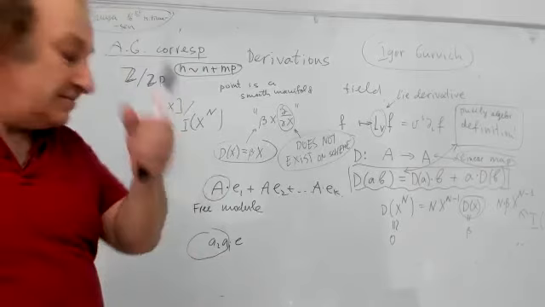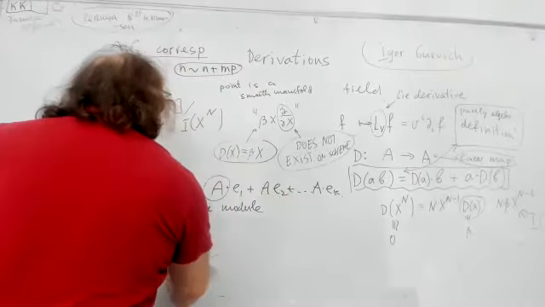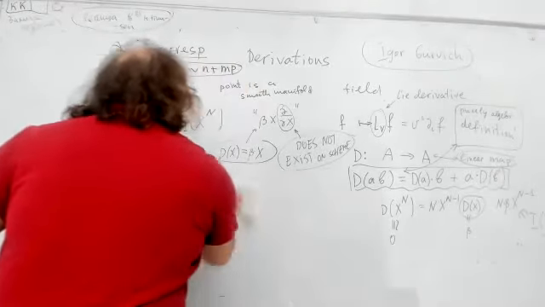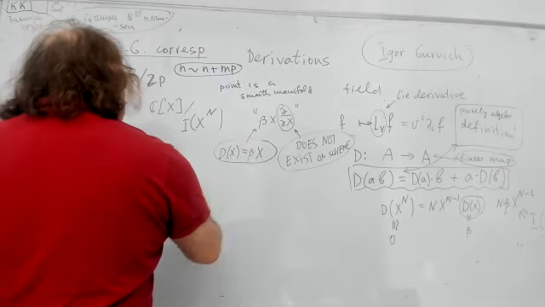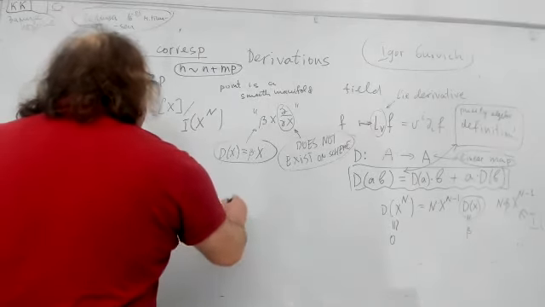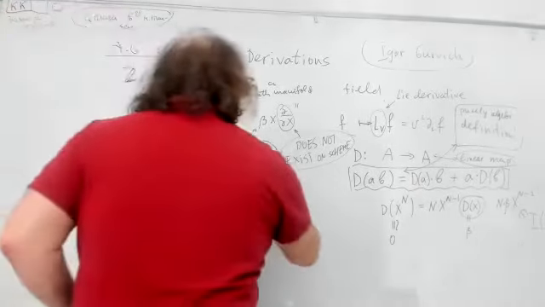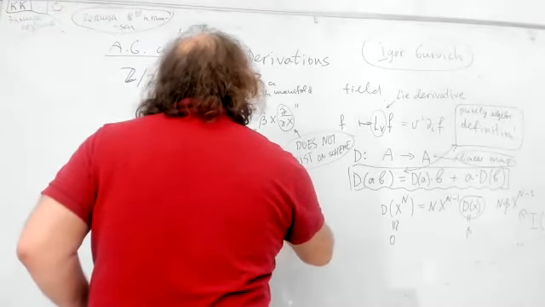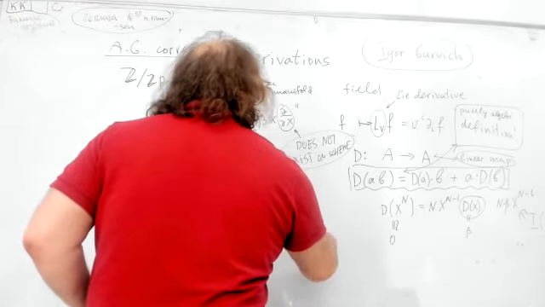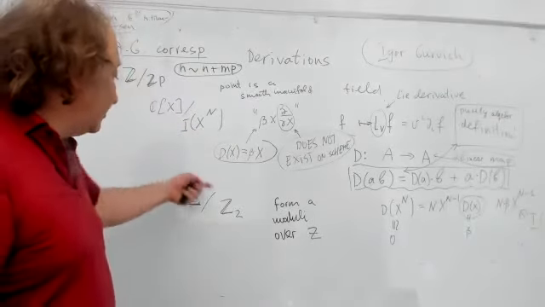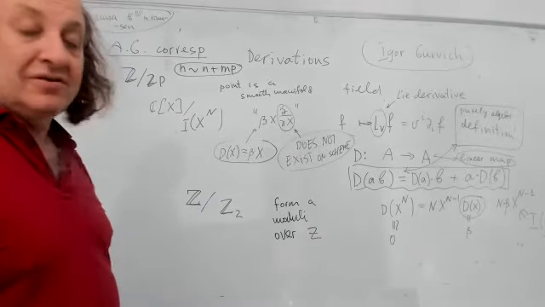And then there, you know that Z over Z2 form a moduli over Z. So you can multiply elements of this coset by any integer.